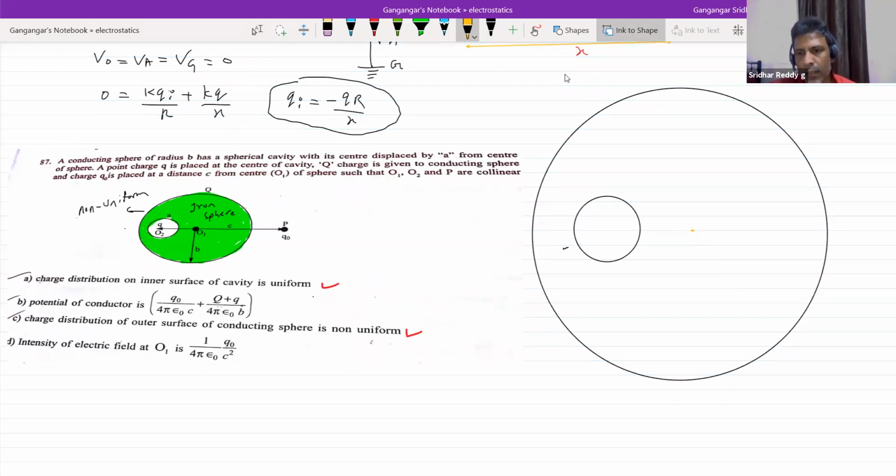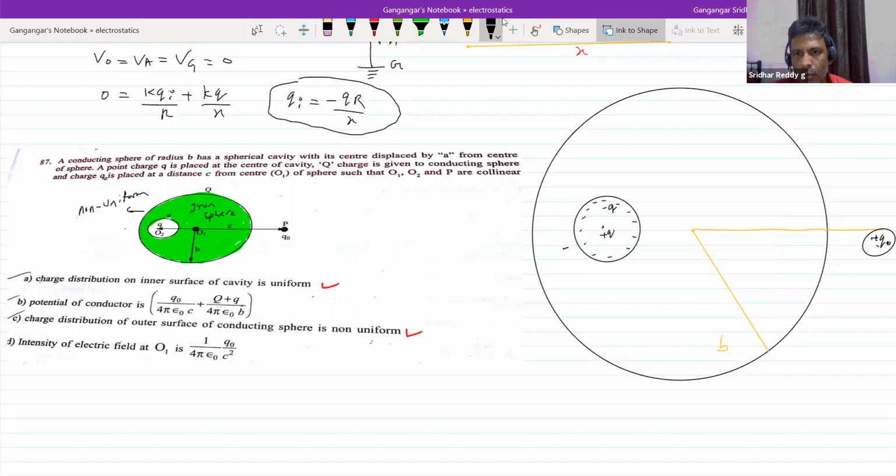This is radius b. I'll put all the information: Q naught plus q. This will induce charge minus q.